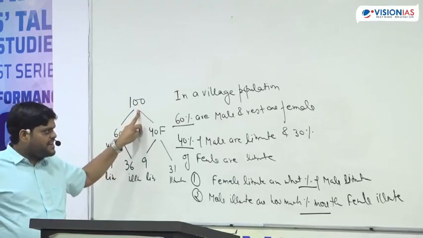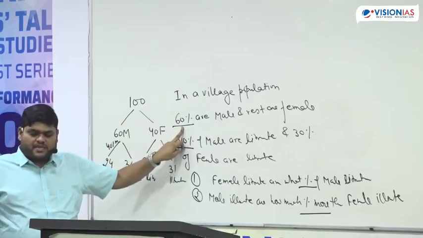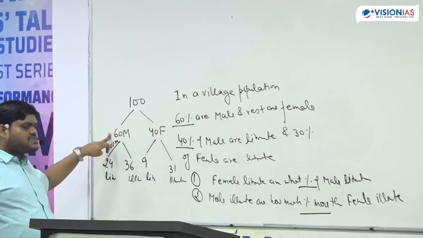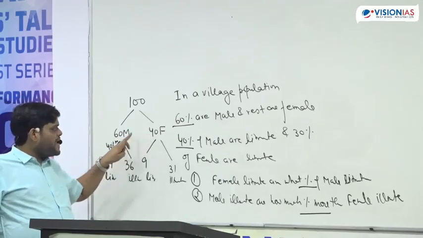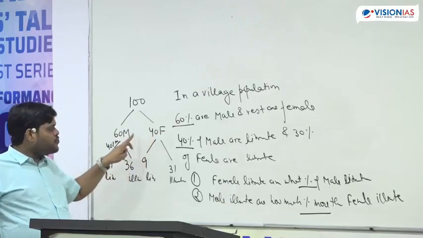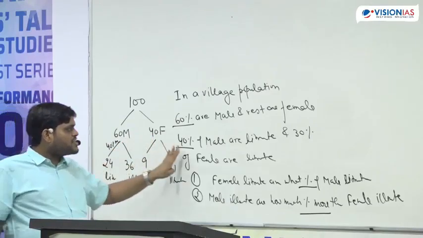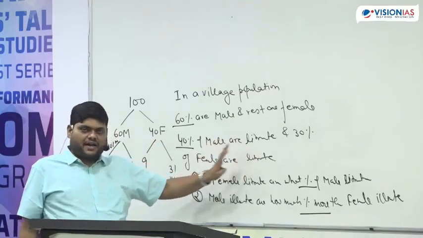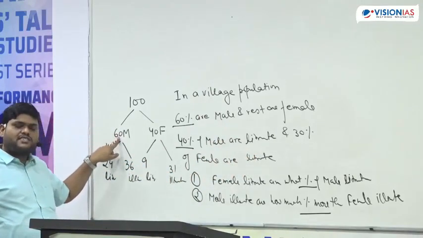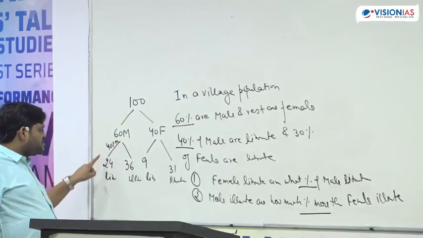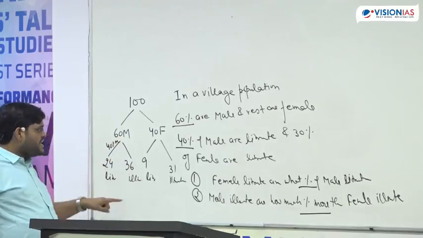Population was 100. Out of that 60% are male, so we have taken 60 male and 40 female. Out of these 60 males, 40% are literate. 10% of 60 is 6, so 40% becomes 24.